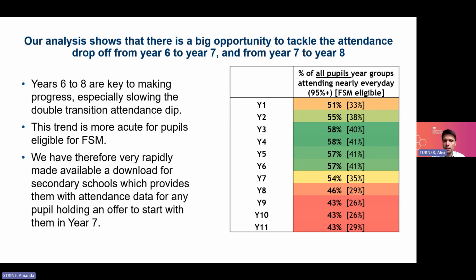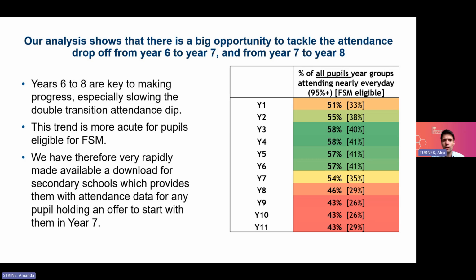And so building on some work done in Oldham and Greater Manchester, where they looked to provide that data to secondary schools in advance of transition, we very quickly have made a report available to secondary schools that provides you a snapshot of your incoming cohort's attendance data to support a really strong transition.